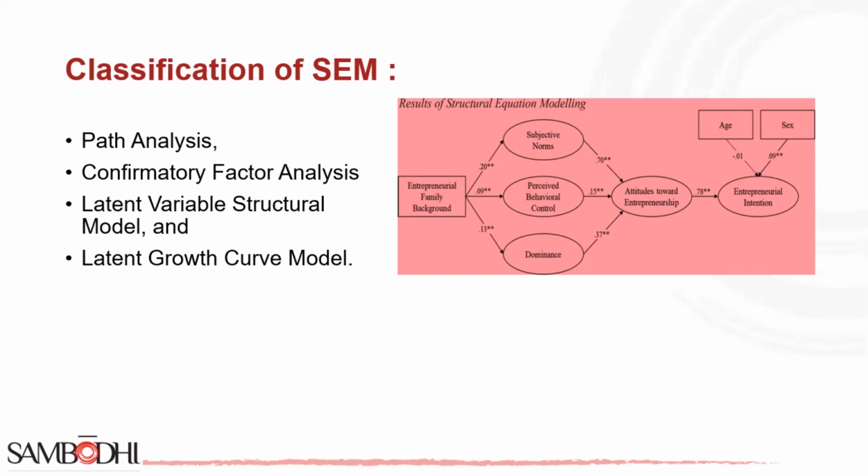Fourth is latent growth curve model. Another popular use of structural equation modeling is longitudinal models, commonly referred to as growth curve models. Let's say, for instance, you have multiple observations of the same variable over time.